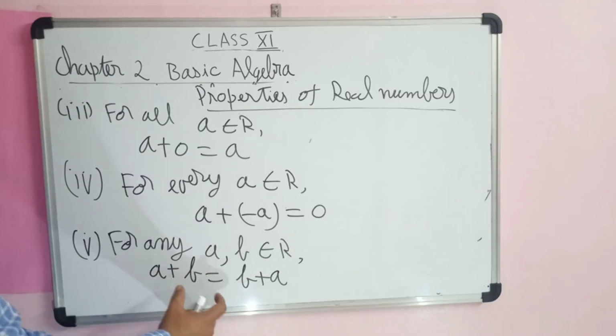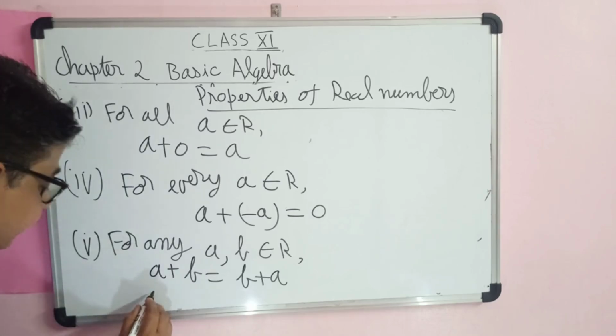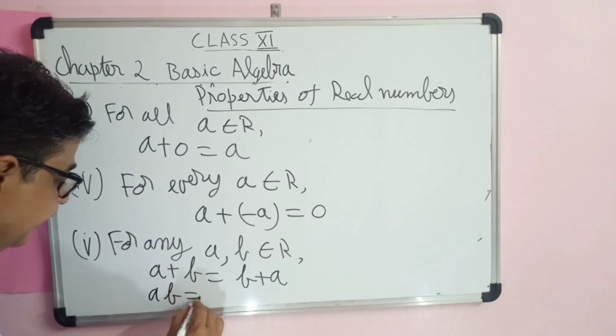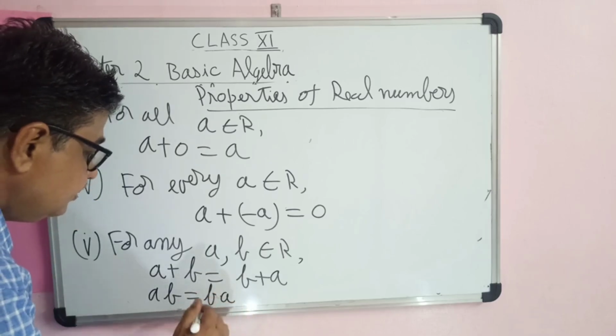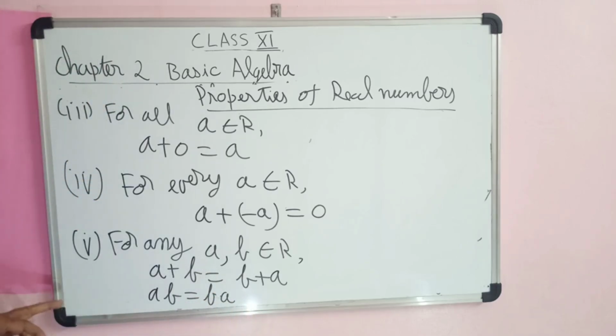A plus B equal to B plus A. Then A into B equal to B into A. So this is the fifth property.